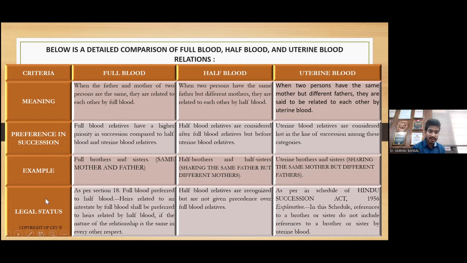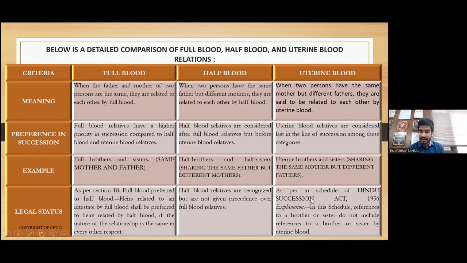Now, legal status. As per Section 18, as we have already discussed, full blood is preferred to half blood. Heirs related to an intestate by full blood shall be preferred to heirs related by half blood if the nature of the relationship is the same in every other respect. Half blood relatives are recognized but are not given precedence over full blood relatives.